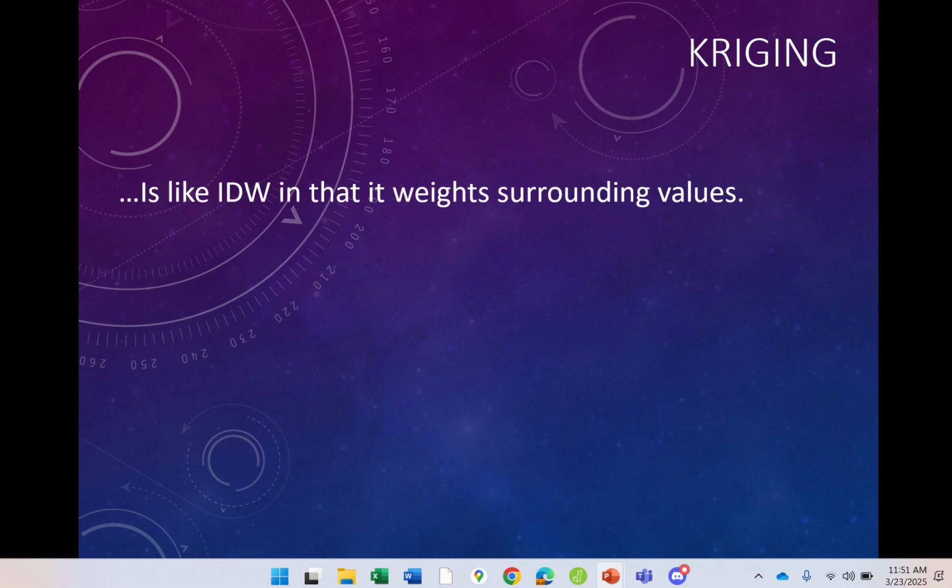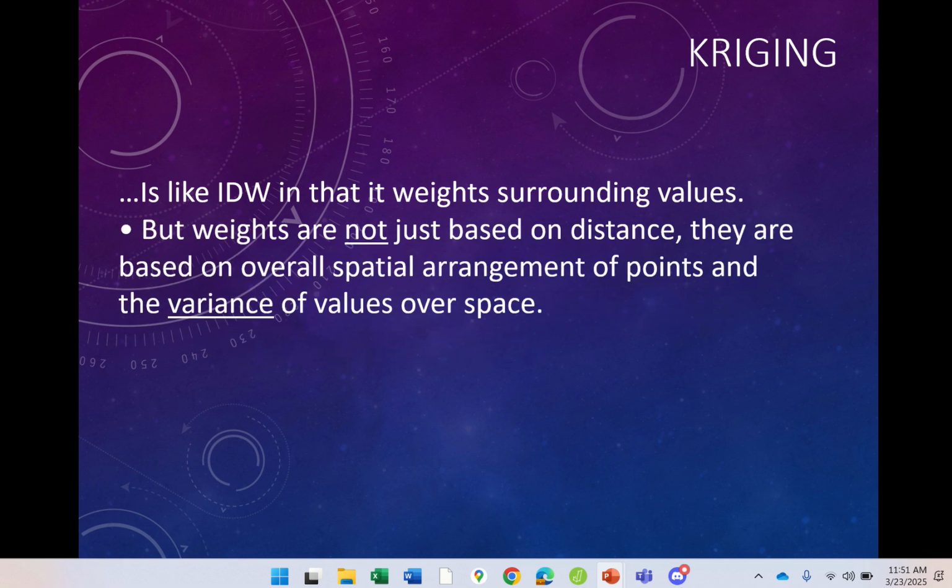So the essence of kriging is that fundamentally it's kind of like inverse distance weighting in that you usually give more influence to closer points in determining what the value of an unknown location is. But unlike inverse distance weighting, the weights are not just based on distance, but kriging also analyzes the spatial variability over distance.